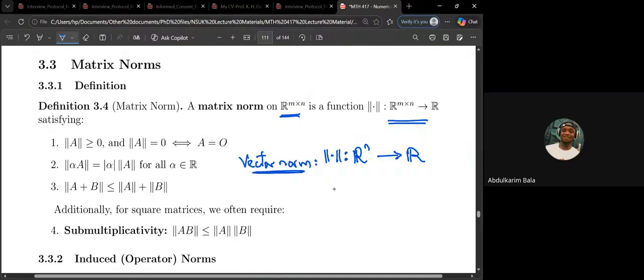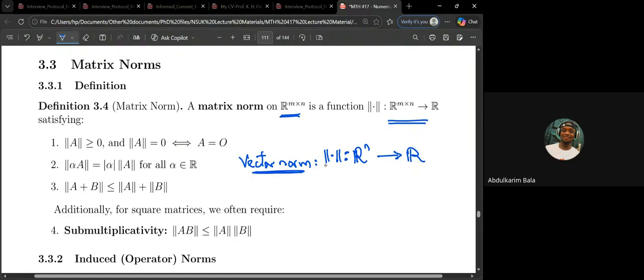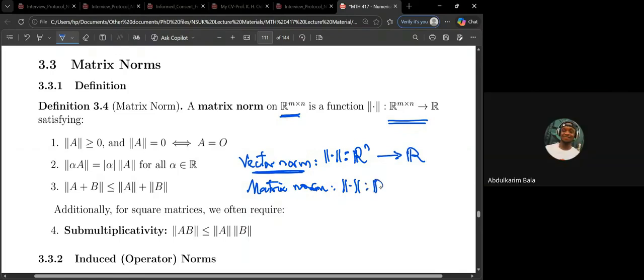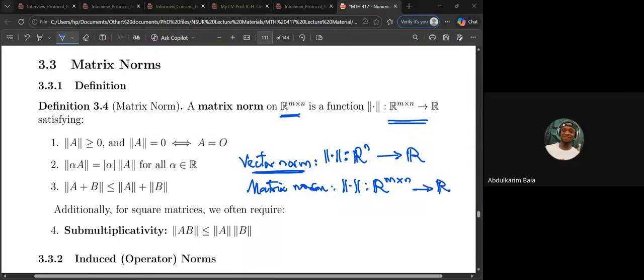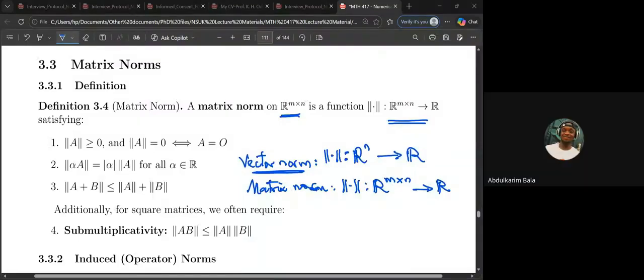Yes, this is the vector norm. This is how it's been described as a function. Then now we are saying that the matrix norm is a function that takes elements from R^(m×n) into R. This is the matrix norm.